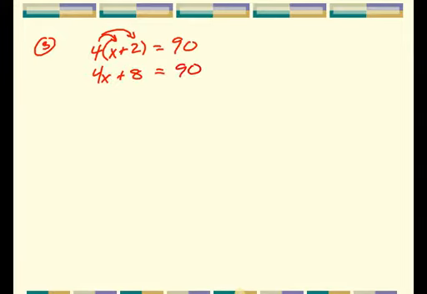So we can take 4x plus 2 and set it equal to 90, and then go ahead and solve. Remember, I'm going to go a little bit quickly so the videos don't go so long. If you need to backtrack at any point, you can pause it and work through it yourself, and then come back and see how the answer is.